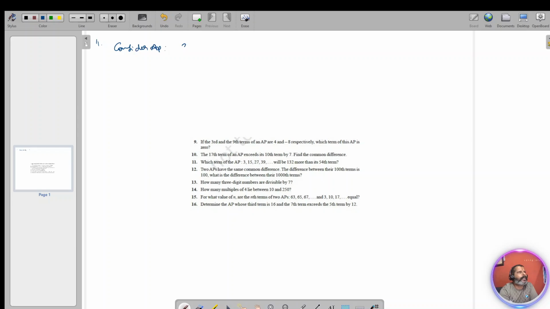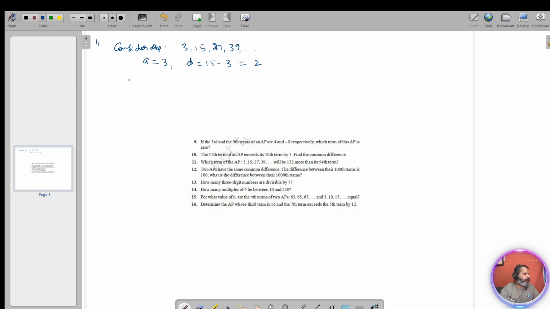Consider the AP 3, 15, 27, 39. Here a is 3, d is 15 minus 3, which is 12. Right?